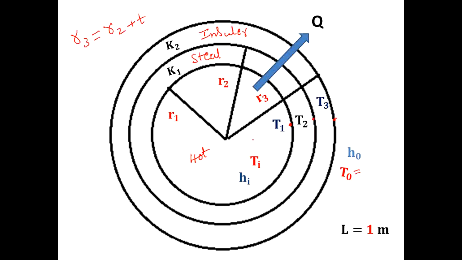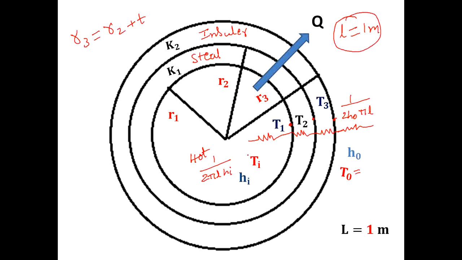Here you will have four thermal resistances: one for internal convection, thermal conductivity K1, thermal conductivity K2, then the external heat transfer coefficient h0, which gives 1 upon 2 pi r3 L h0, then 1 upon 2 pi r1 L hi. What is the L value? L is not given, that's why you want to take 1 meter. hi, h0 are given.